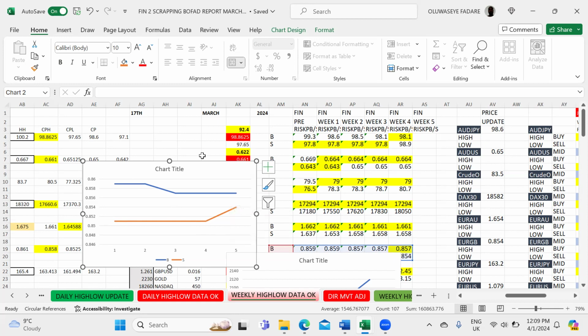So these graphs need updates on a weekly basis.